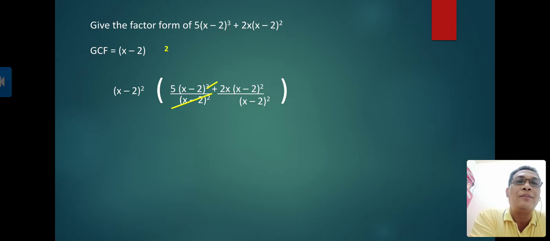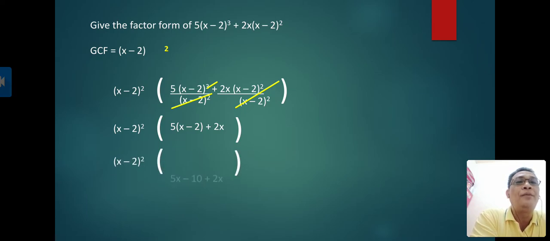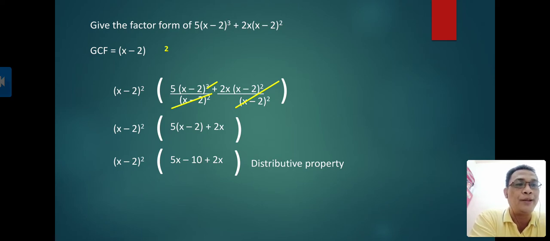On the second term, (x - 2)^2 can be cancelled out. So we have (x - 2)^2 multiplied by [5(x - 2) + 2x]. We have to simplify this. So 5 can be distributed to x and negative 2. That will be (x - 2)^2 multiplied by (5x - 10 + 2x). And that is the distributive property.